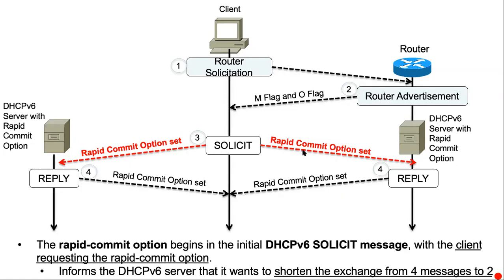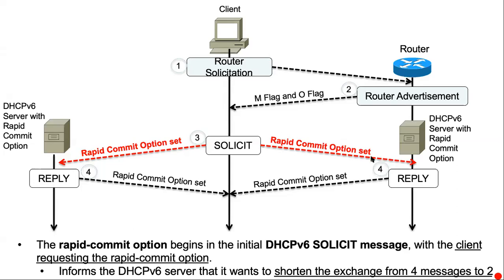So if both ends can do it, here we see the client saying, hey, I would like to shorten this exchange. Let's just do all this in 2 messages. Why go back and forth 4 times? I want it. If you send it to me, that'll be good enough.